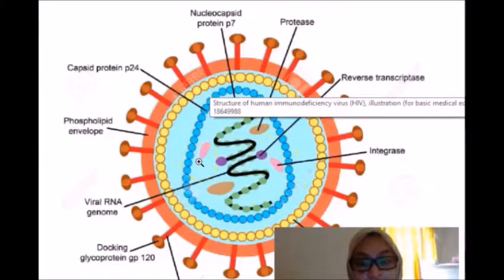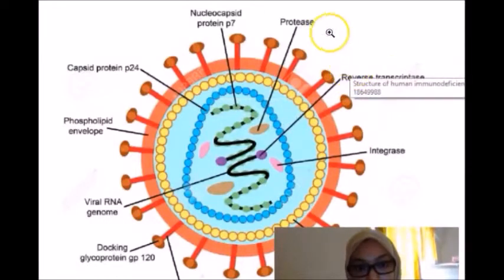Then the RNA genome consists of 9 genes, of which 3 are GAG, pol, and envelope. These genes contain information needed to make the structural proteins for the new virus particle. Inside the capsid protein P24, there are 3 enzymes required for HIV replication, which are reverse transcriptase, protease, and integrase.